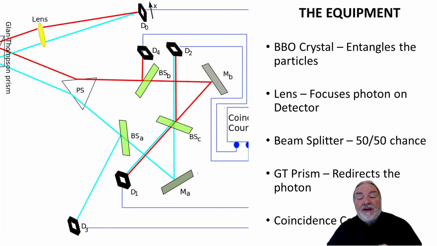And then very importantly, the coincidence counter. This is really key because the coincidence counter is the equipment that lets us analyze the results, so that's got to be exact. Here we have the photon coming in, and then we have the traditional double slit.